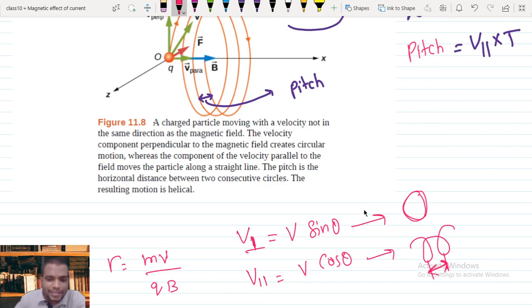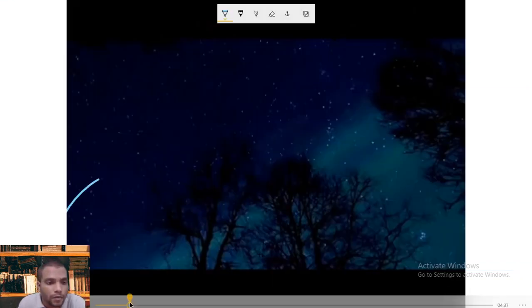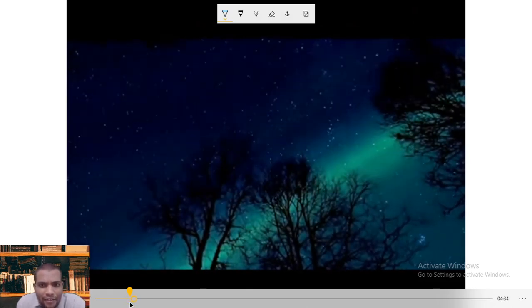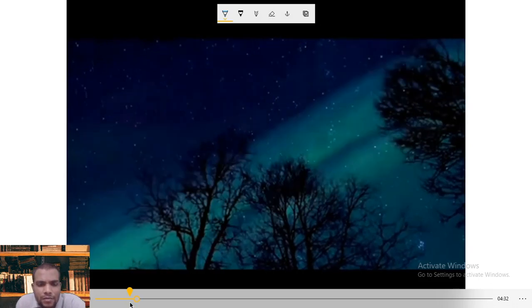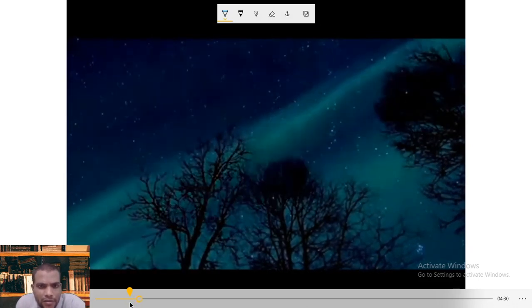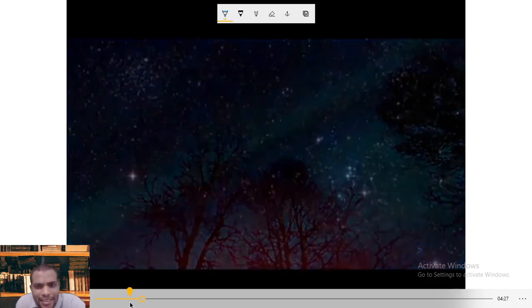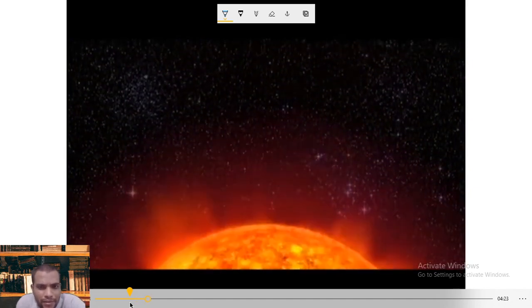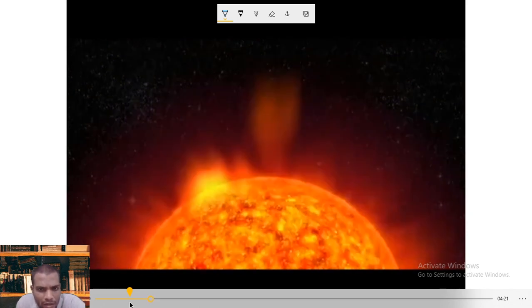Okay, let's visualize that. These kinds of lighting effects you might have observed. This is a natural phenomenon, and these lights always occur at the poles 24/7. What could be the cause?